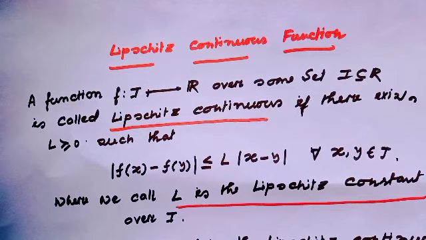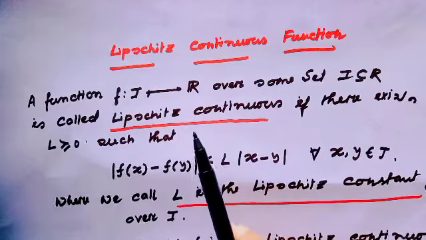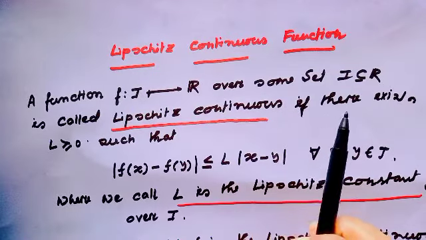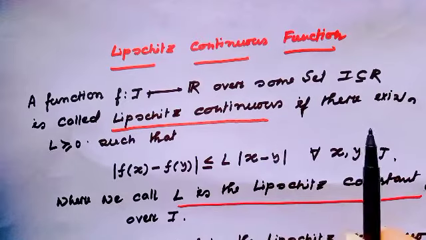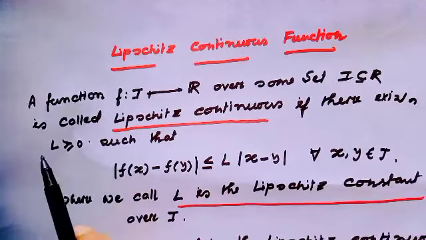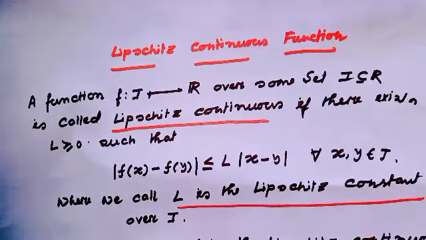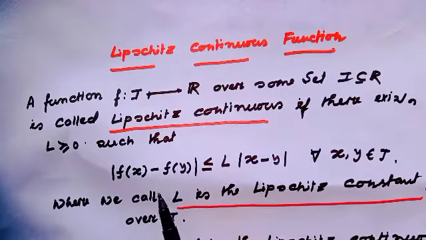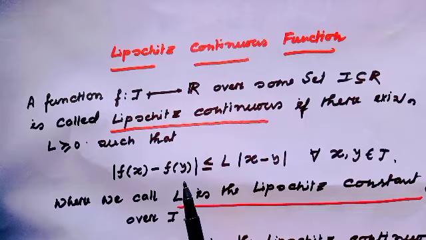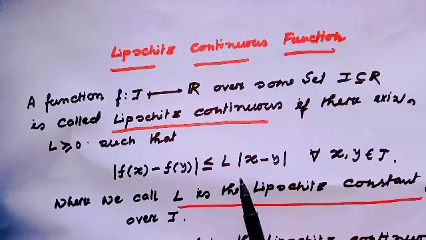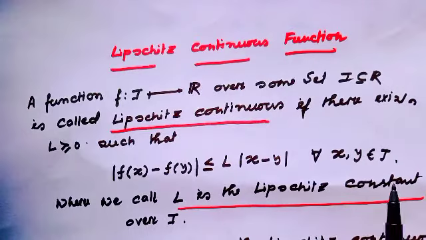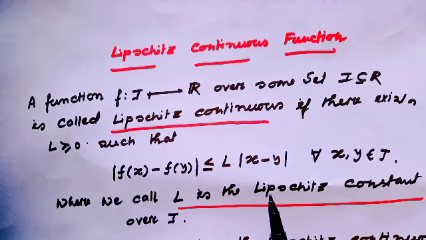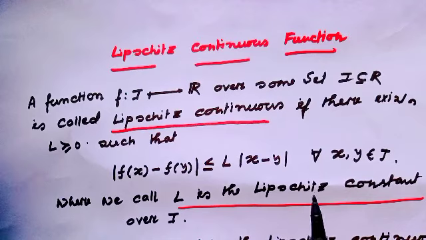And the definition of a Lipschitz continuous function is: a function f from I to R, where I is a subset of R, is called Lipschitz continuous if there exists a constant capital L, where L is greater than or equal to 0, such that the absolute value of f(x) minus f(y) is less than or equal to capital L times the absolute value of x minus y, for all x and y belonging to the interval I. That means the difference of output is bounded by L times the difference of input.